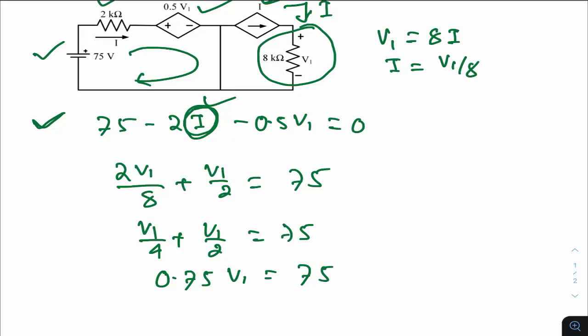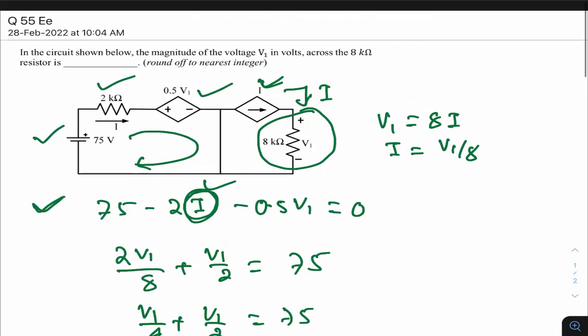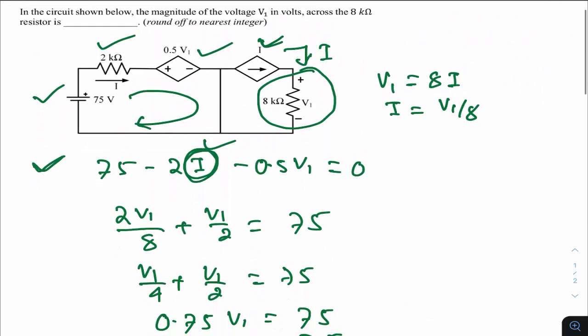V1 is 75 divided by 0.75, so naturally this is 100. So the answer for V1, which is the drop across the 8 kilo ohm resistor, is 100 volts. One simple KVL equation is enough to get the answer.